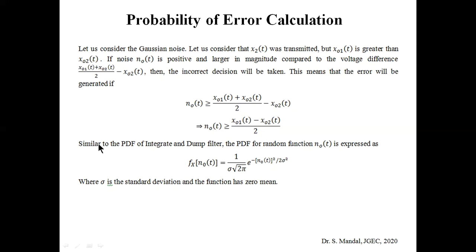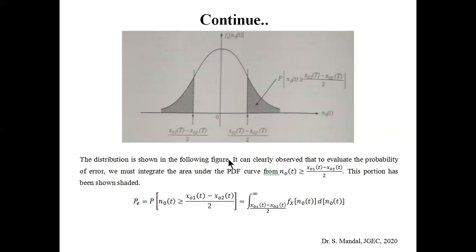Okay, now consider the PDF, the probability density function, of the random function like noise. It is expressed using this function: f(n0) = 1/(sigma root 2 pi) times e to the power minus n0 squared by 2 sigma squared, where sigma is the standard deviation, and this PDF has a mean of 0.